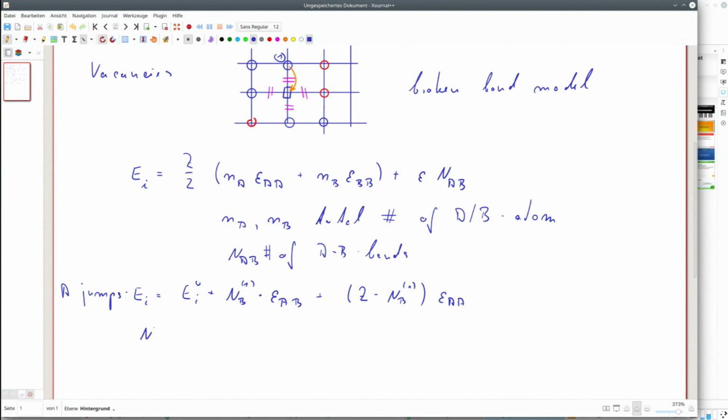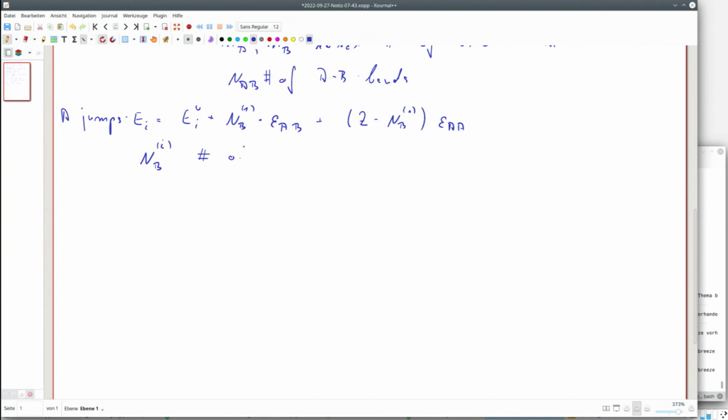NB of I is the number of B neighbors of this side I.